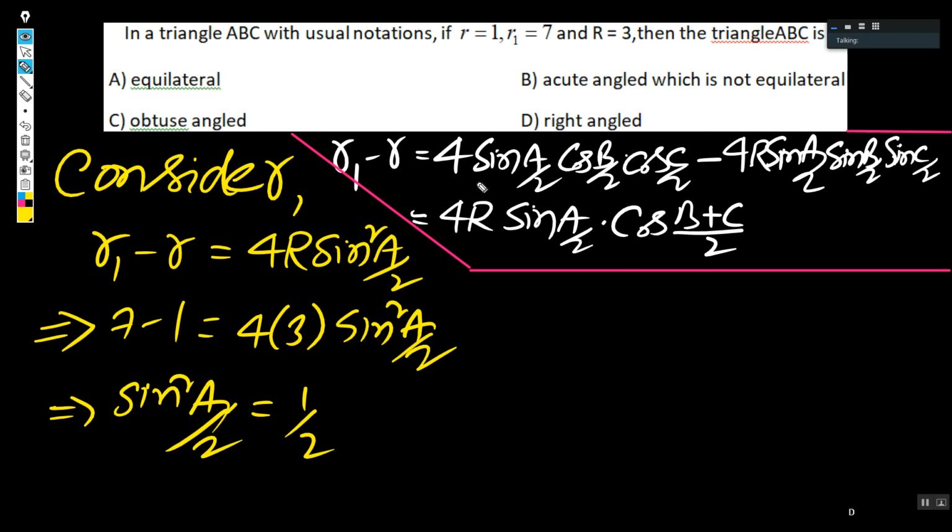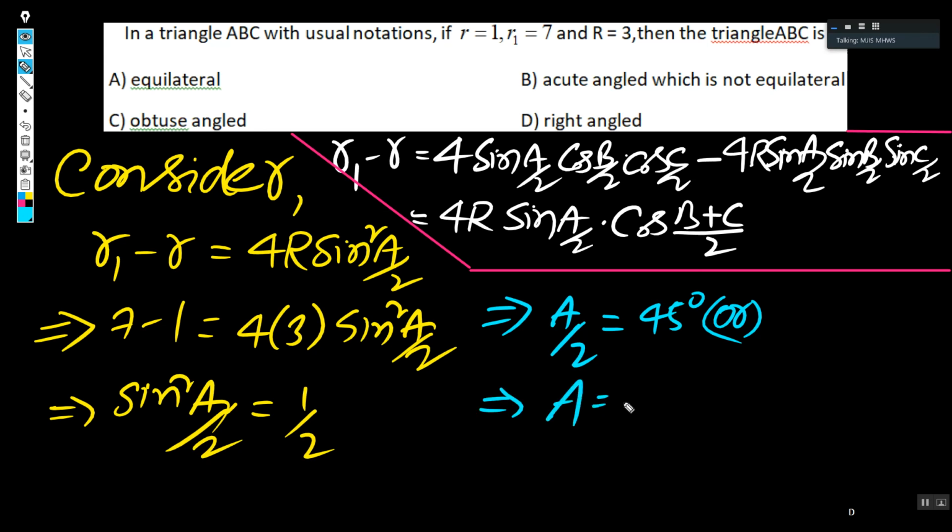Therefore, you can straight away write sine A by 2 is 1 by root 2, which implies A by 2 is equal to 45 degrees or 135 degrees. No need to take minus 1 by root 2, leave it. A is equal to 90 degrees. So this is a right angle triangle and this problem is totally based on this.